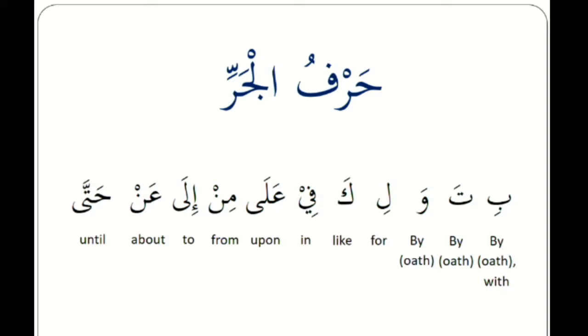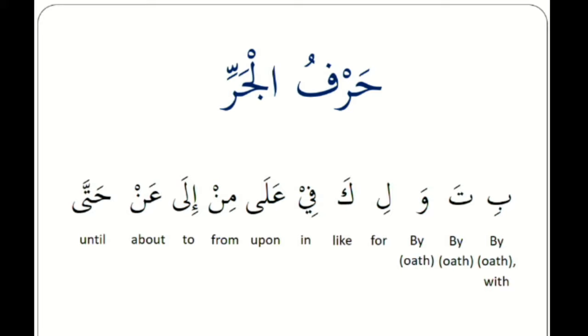It's not alla tataghaw fil mizan, that's another one. Allahumma a'inni ala dhikrika. Oh Allah, help me upon your remembrance. So ala can mean upon.